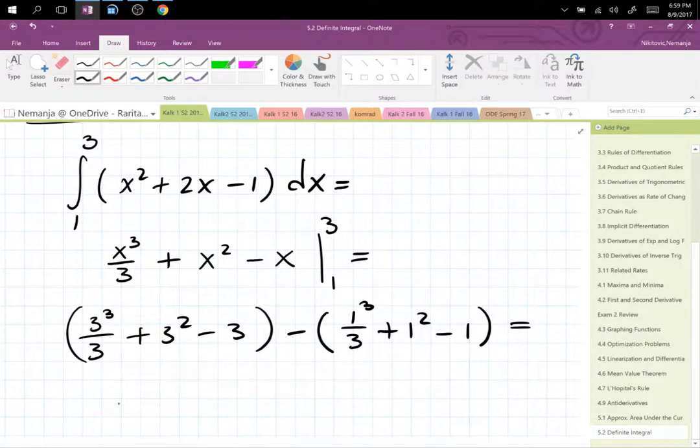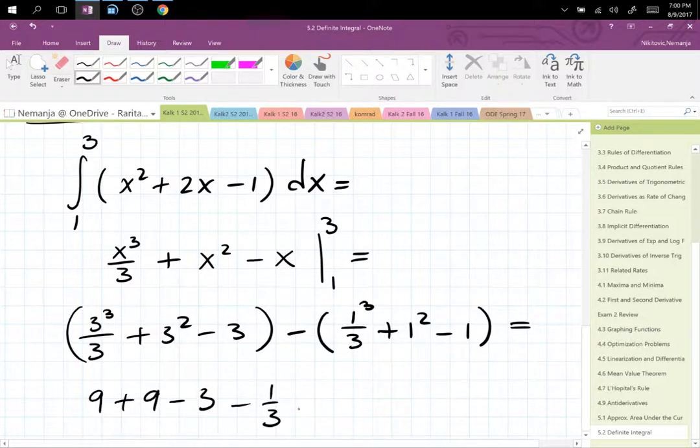The integral of k times f of x equals k times the integral of f of x, we bring it out, but the answer would be x squared over 2. So the 2's cancel. So 27 over 3 is 9, plus 9 minus 3, minus 1/3, minus, these cancel actually, that's 1 minus 1, so that's done. So that's 18, 15, 14 and 2/3.